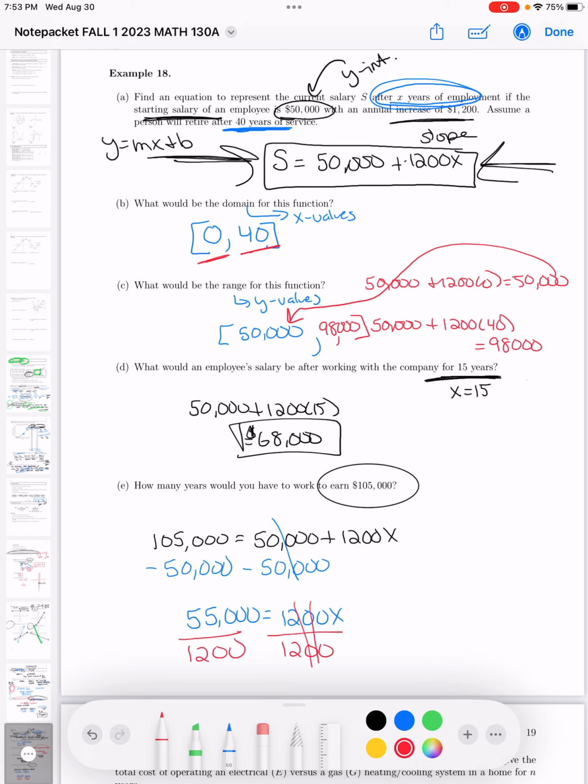Remember, you can pause these if you need to catch up on writing. This comes out to a pretty weird answer. I know it doesn't say in the directions. If you ever get something like this and you're not sure what to round to, feel free to ask me. I'm just going to round to 2 decimal places. Let me just double check on my calculator.